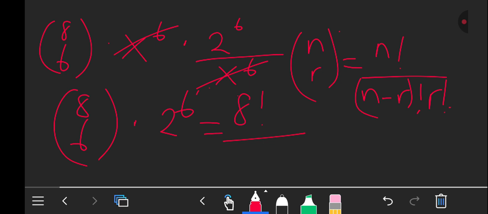So I'm going to say 8 factorial over 8 minus 6 factorial, then our r again 6 factorial. Then this is being multiplied by 2 to the power 6. Okay? So this is what I'm going to do at this point.